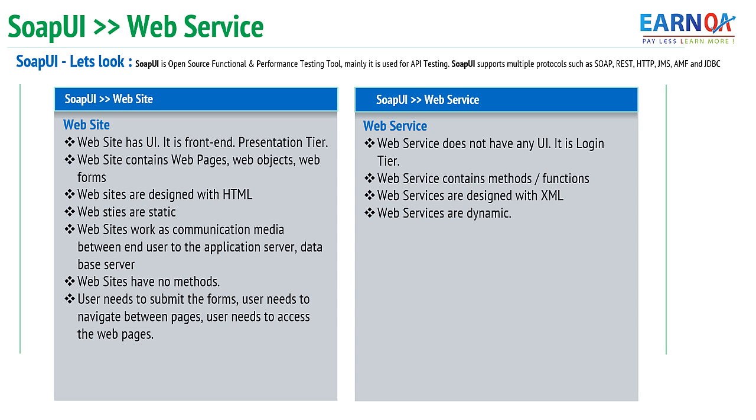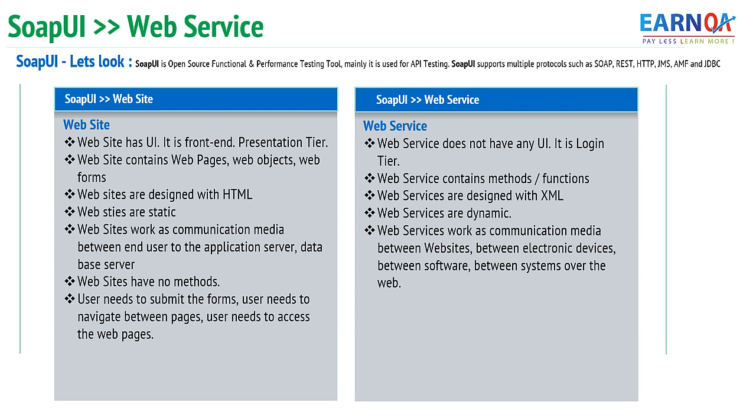Web services are dynamic because they work between applications, from communication devices to other communication devices, and across web applications. They work on the web. So web services work as a communication media between various websites, between electronic devices, between software, and between various systems over the globe or over the web.